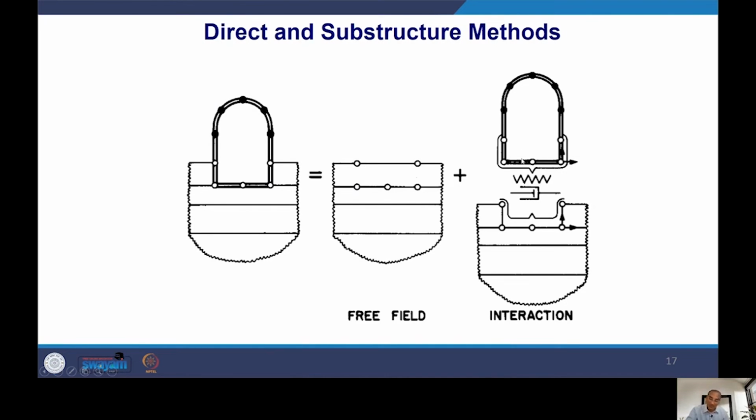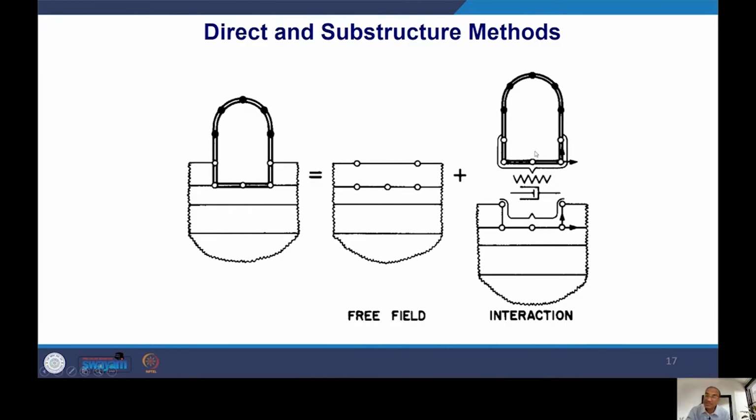Now when you want to put the structure on top of it, you can replace this portion using spring and dashpot, and the motion which is found in the free field is applied here.